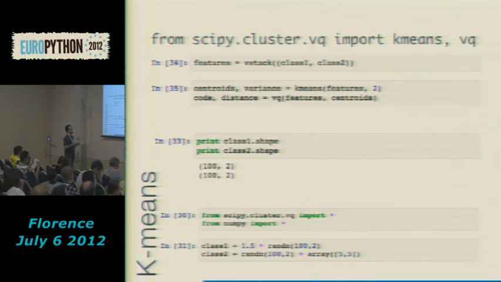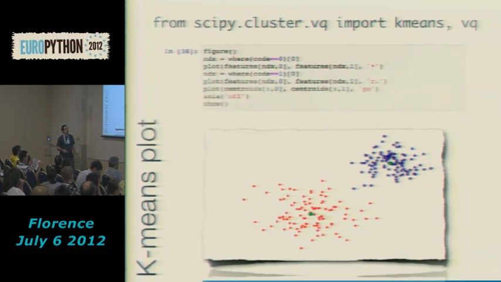And then vq is a function that, for each point in the data set, so the features, assigns each point to the closest centroid. This is the aim of the function. This is the cool stuff. So we may plot all the data using matplotlib, and this is the output.